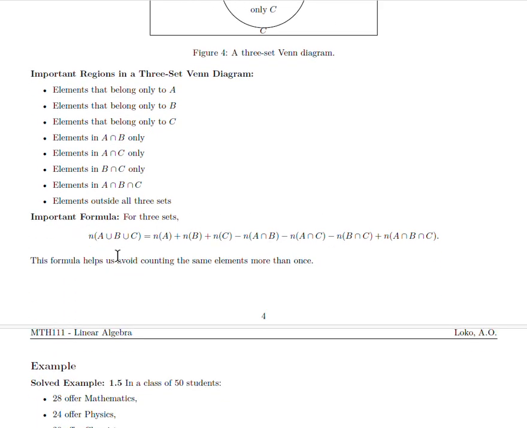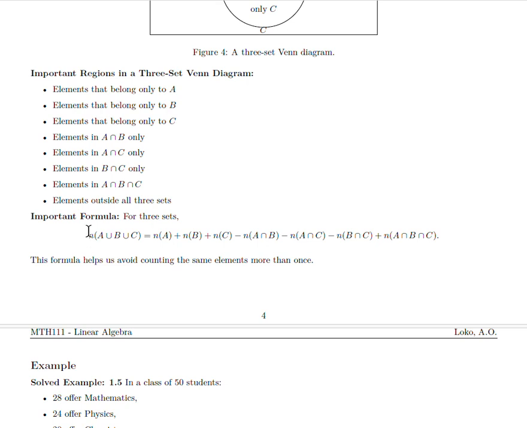We have this formula which we call the empirical formula, that tells us the cardinality for the union of the three sets, A union B union C, is given by this formula.